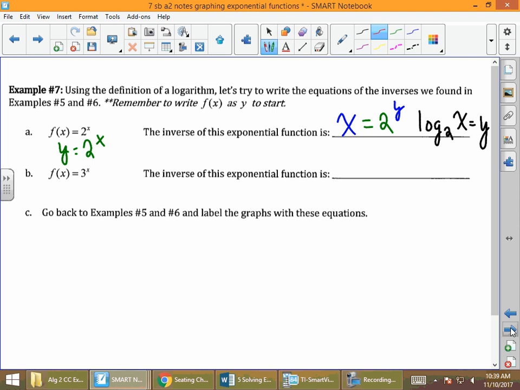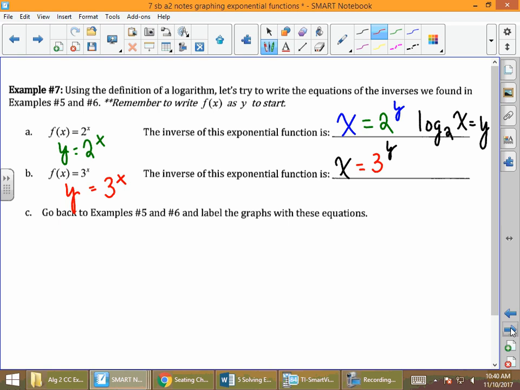Let's try this last one here before we go back and fill in our answers for 5 and 6. Another way to write f of x is y equals 3 to the x. That was our second function that we graphed. And when we're doing this, we're going to switch the x and the y. So x goes where y went, and y goes where x went.